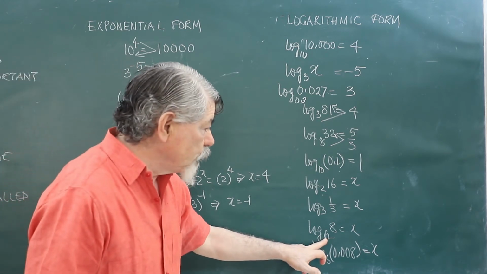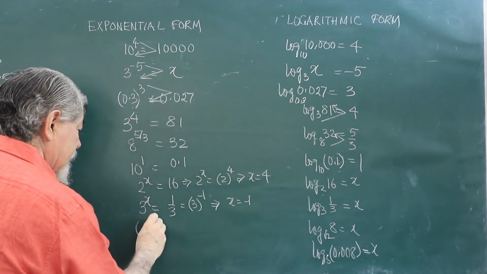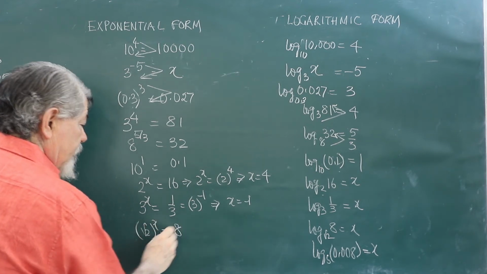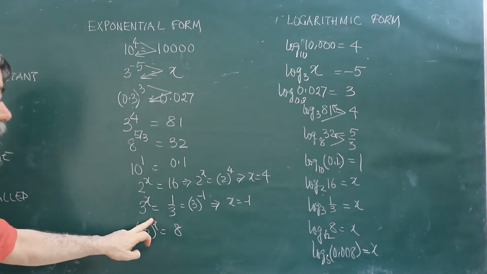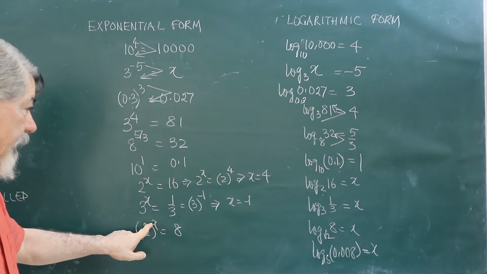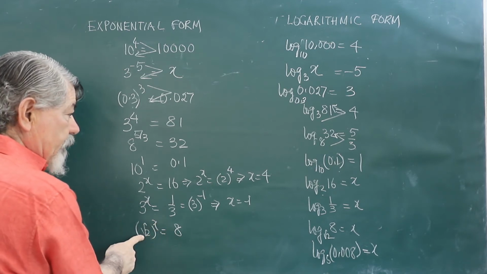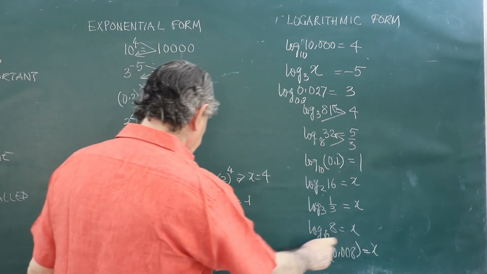Now root 2 to the power x will be equal to 8, because x is the logarithm of 8. X is the log of 8 to base root 2. That is what it is given here.